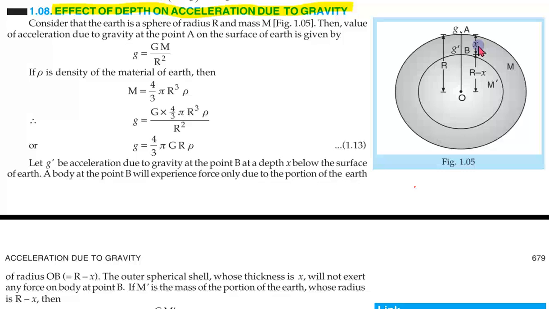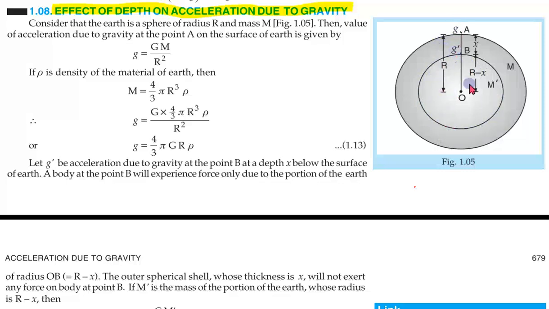I move down toward the center of the Earth, x distance below the surface. At that point, let the acceleration due to gravity be g dash. So for g dash, I have the mass of this smaller sphere. For g, I have radius r.